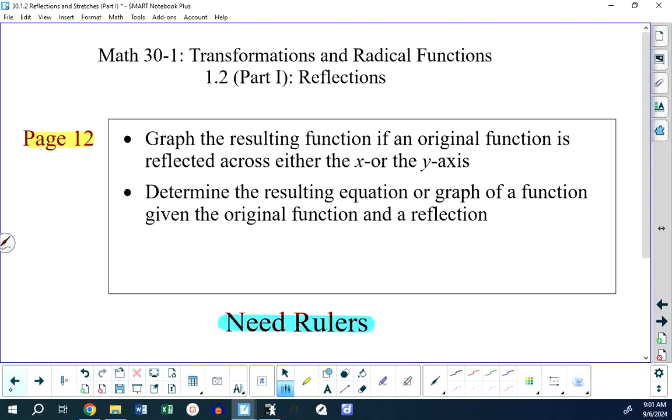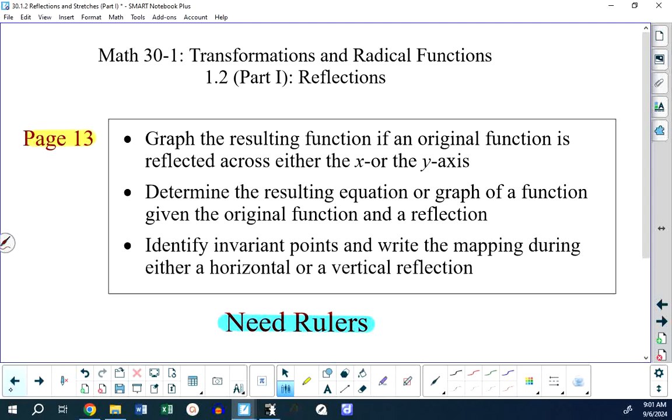the type of reflection. And then it turns out that there are going to be this new thing called an invariant point. When you take a function and you do to it what we've been talking about for 2 and a bit days of classes, every point moves. Every point finds a new home.